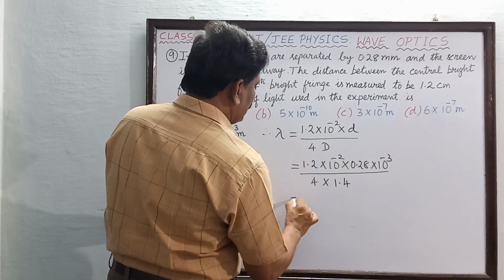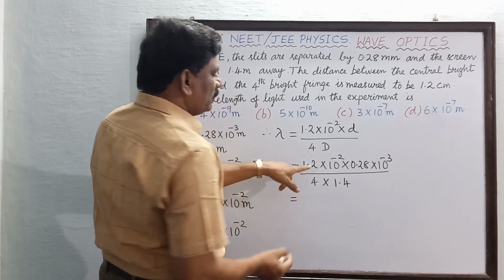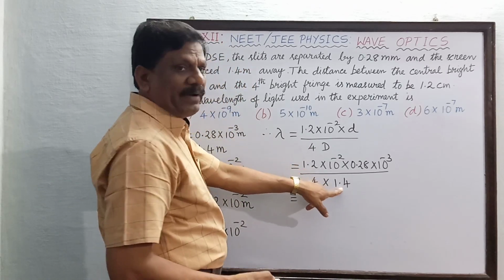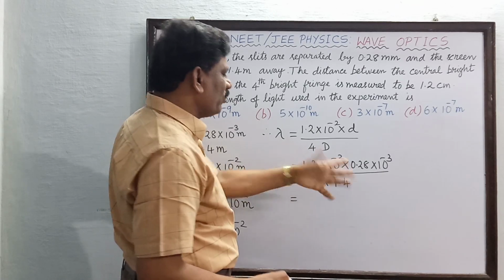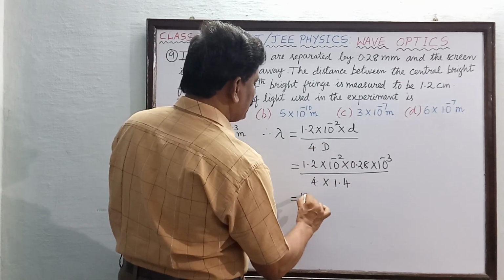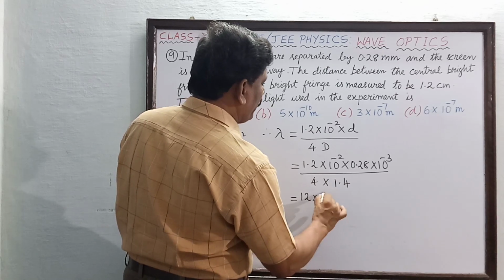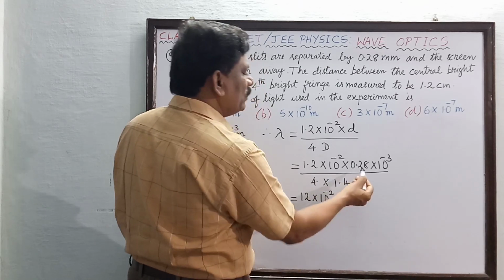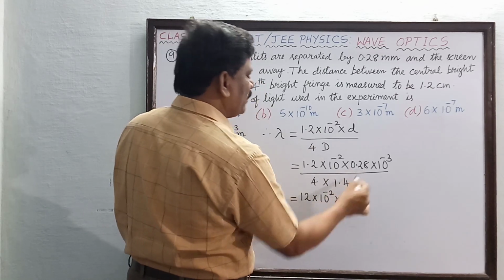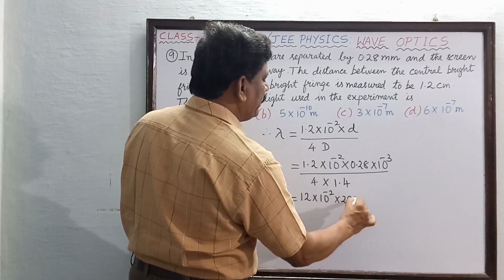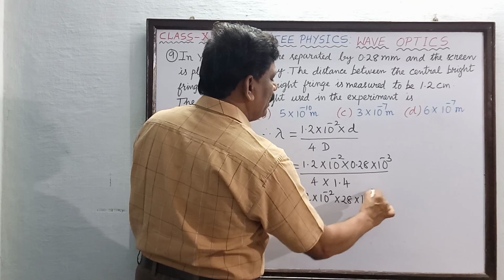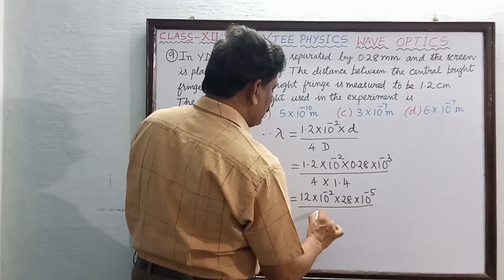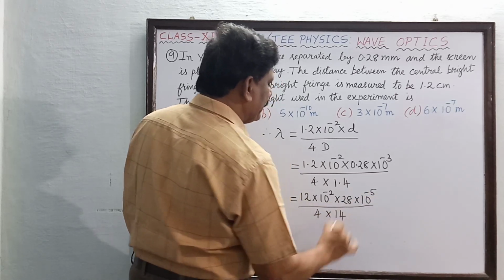Now 1.2 and 1.4 have one decimal place, so the shortcut is 12 by 14. So this is 12 into 10 power minus 2 into 28 into 10 power minus 2, so totally into 10 power minus 3 will become 10 power minus 5, whole divided by 4 into 14.